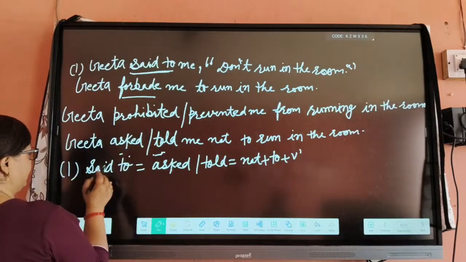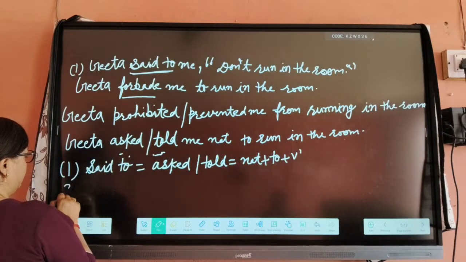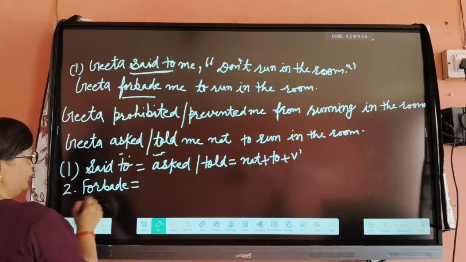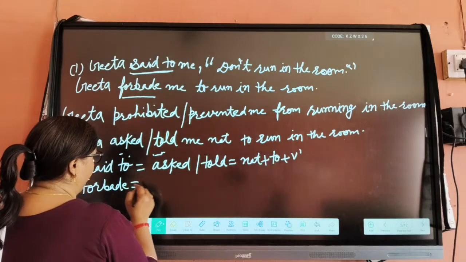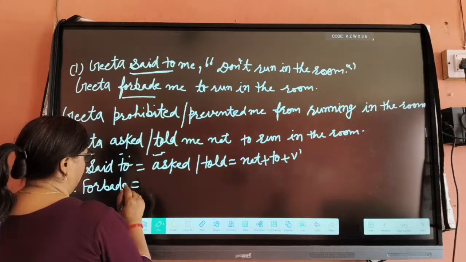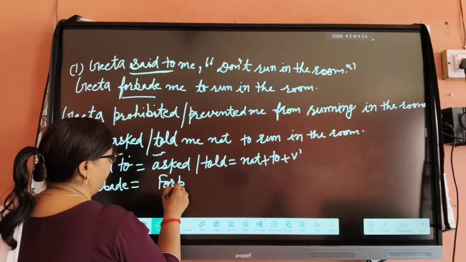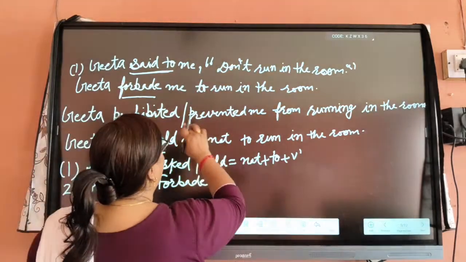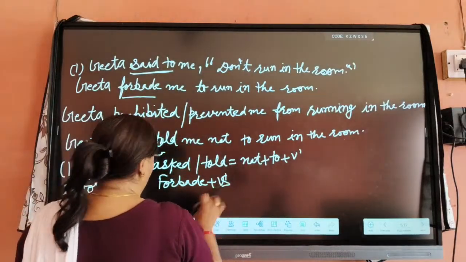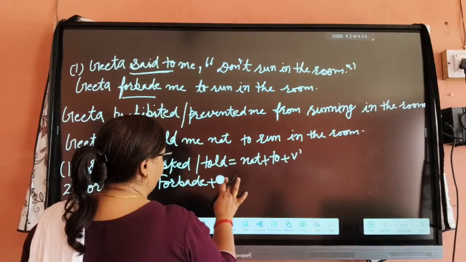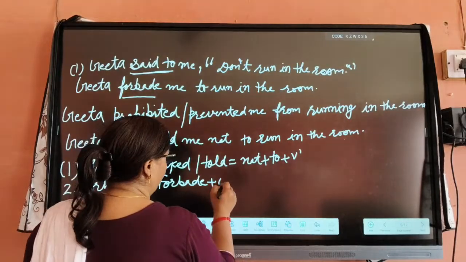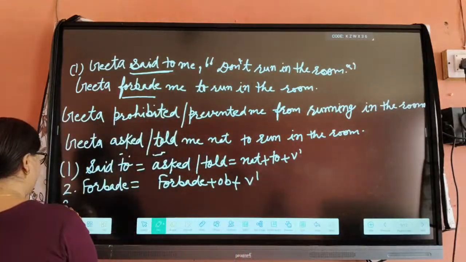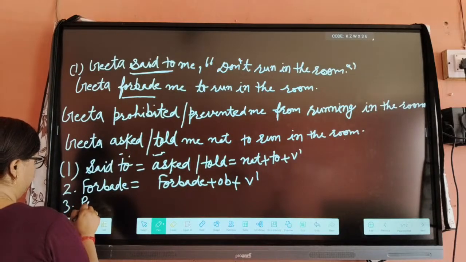If we change our "said to" into "forbade", the second rule is: forbade plus object plus verb first form.